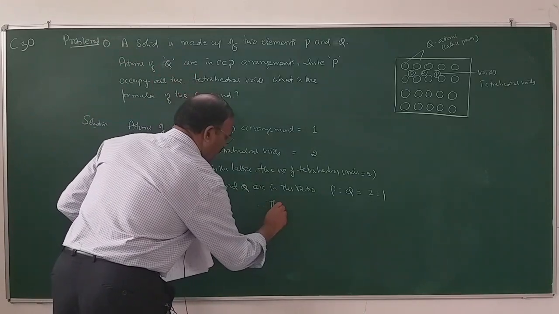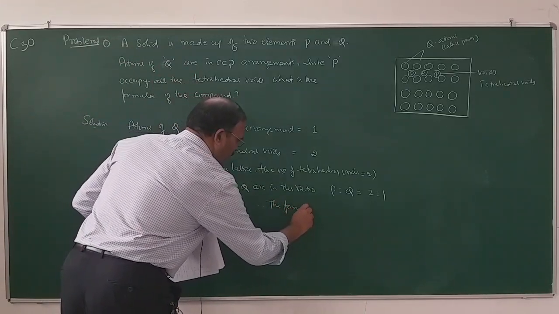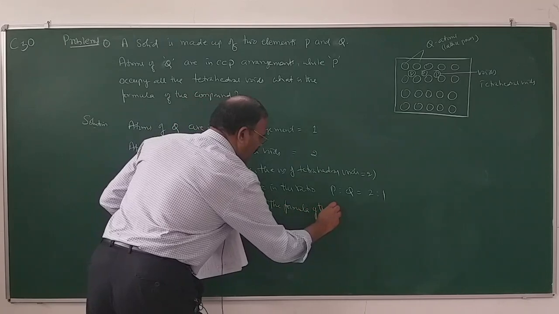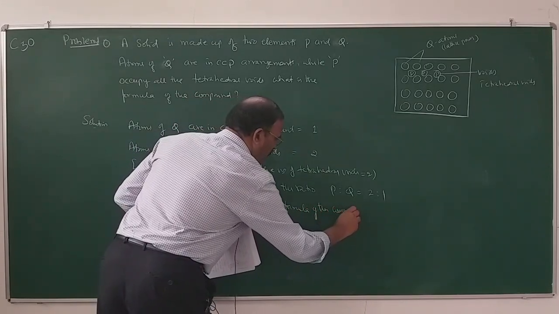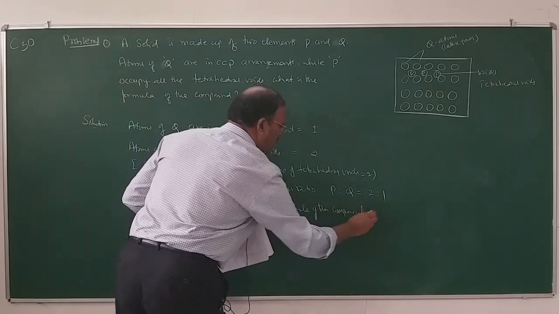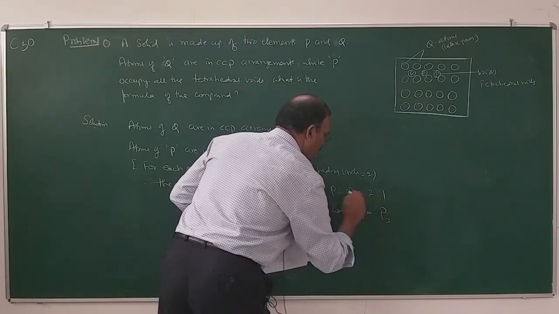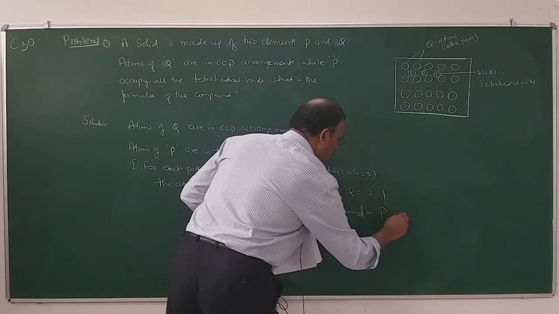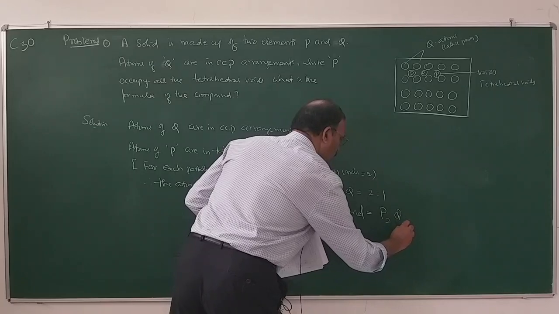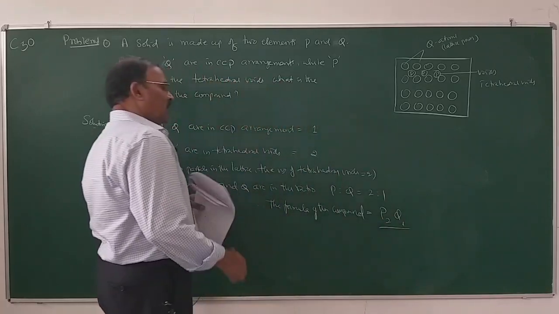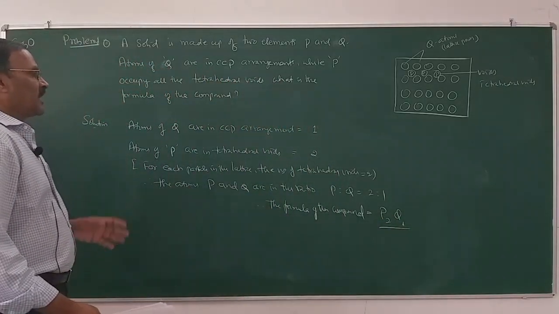Therefore, the formula of the compound is P2Q1. So, this is the formula of the ionic compound.